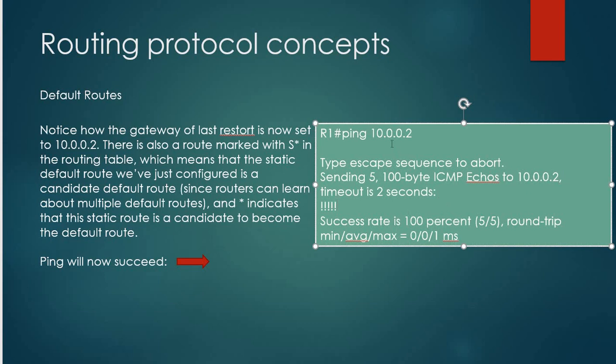It should be this 10.0.0.2. The gateway of last resort is set, and we have to ping it. There is some mistake here, from the tutorial I copied it out.